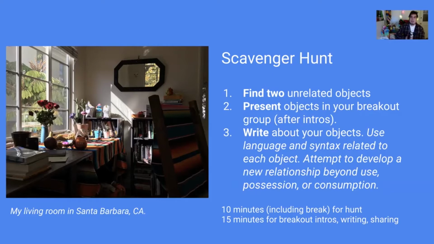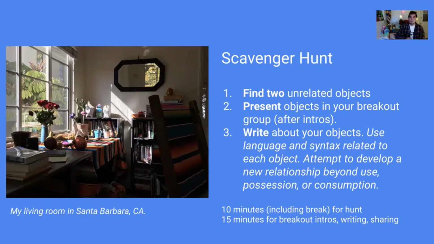And for this third exercise, it's going to involve you getting up a little bit and getting lost in your own house. So what I would like you to do is to find two objects that are not related to one another and then to put them in conversation in the poem.